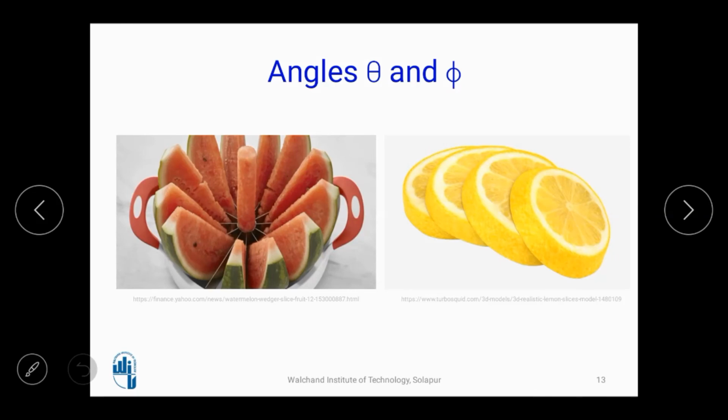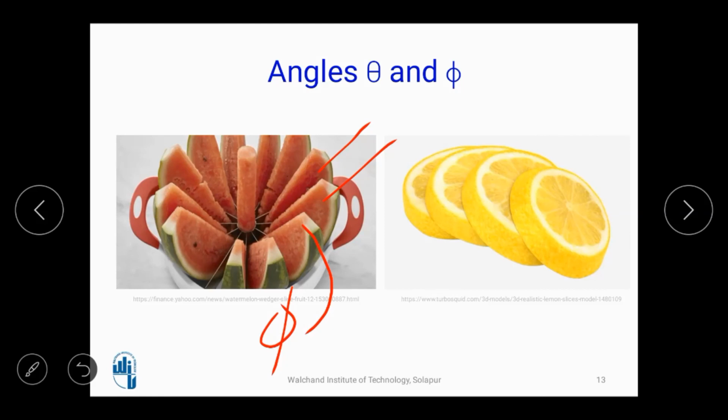Now from this diagram, can you tell me whether these cuts are phi constant planes or theta constant planes of the watermelon as well as of the lemon? So think on it. See, the cut made of this slice has some particular value of phi, so this is a phi constant plane. This watermelon has different phi, this watermelon has different phi. So these slices have different values of phi.